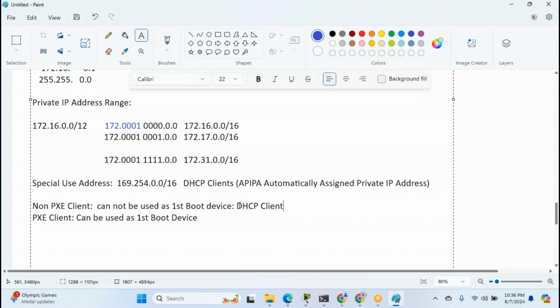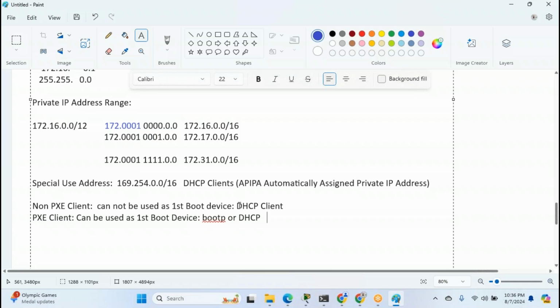So a DHCP client gets its IP address from the network 169.254.0.0/16. A PXE client can use BOOTP or DHCP. When the operating system is not loaded, it sends a BOOTP request. It does not send a DHCP request, so it is not a DHCP client.